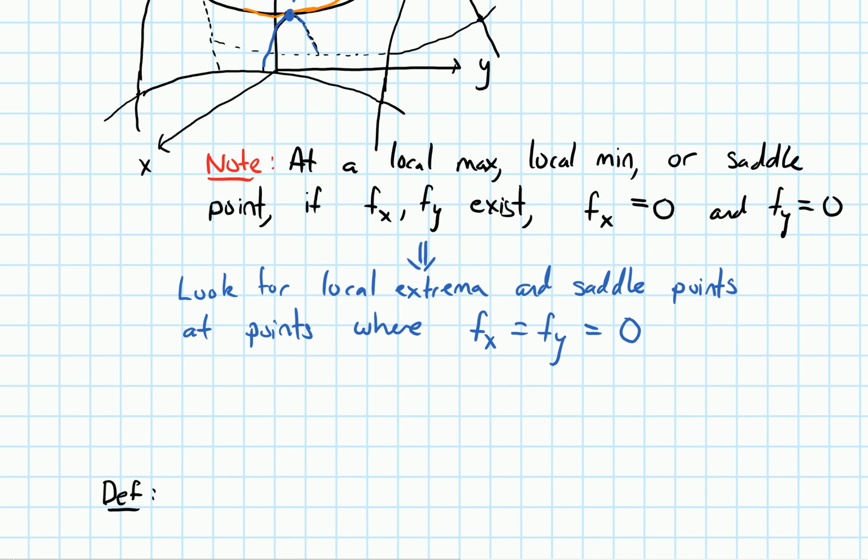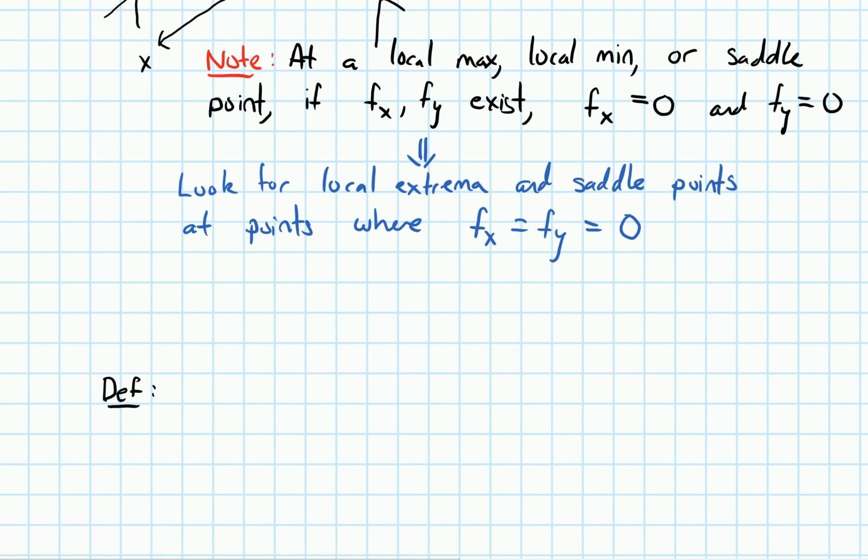All right, so next I want to state a definition. I am going to let D be a determinant. I'm going to put these absolute value type bars, but this is a determinant of a matrix.